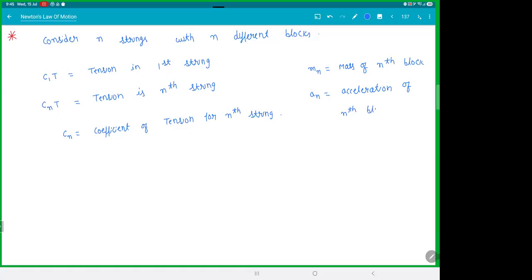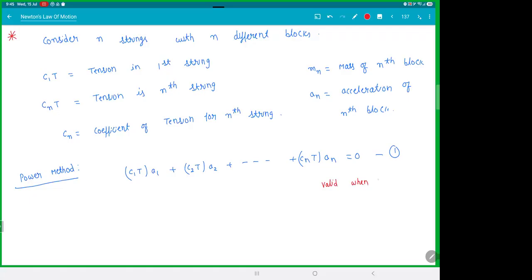Perfect. Now, if we use our power method, if you remember, the power method says T1A1 plus T2A2 and all that stuff. So this will be C1 T into A1 plus C2 T A2 and so on till Cn T An must be 0. This is equation 1. Now, this is valid only when the angles are 0.